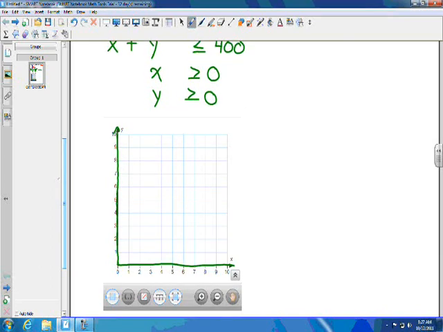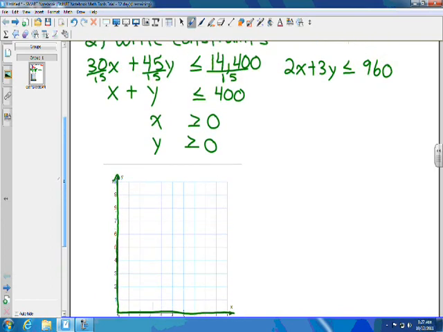So we've done those first two, or those bottom two right there, the X equals and the Y equals. We've already got those graphed on there. So all we need to do is solve these two top ones, figure out where they're at. So let's solve that top one for Y. What would we need to do there first? This one right here. What do we need to do first?